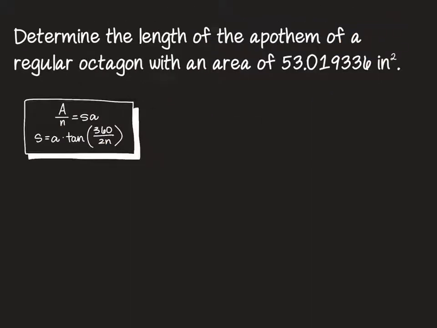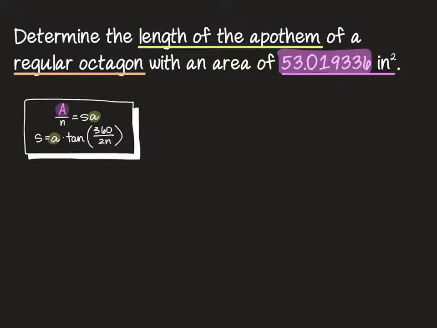For this example, we're asked to determine the length of the apothem of a regular octagon with an area of 53.019336 inches squared. Once again, we're going to use the simplified system of equations we developed earlier. We'll start by substituting in the values that we know.